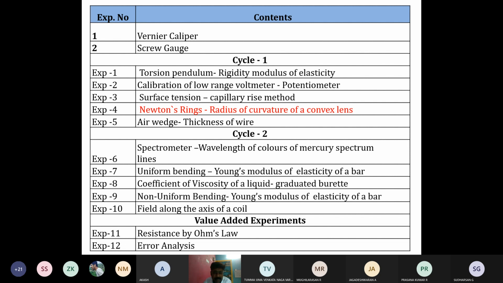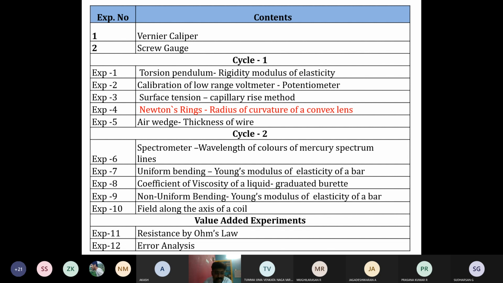For today's experiment, Newton's ring, here also we are going to form an interference pattern. With the help of this interference pattern, we are going to measure the radius of curvature of a convex lens. The experimental procedure is almost similar to the air wedge.